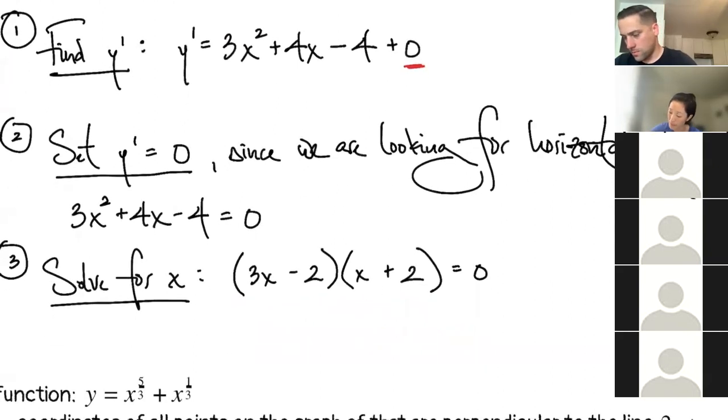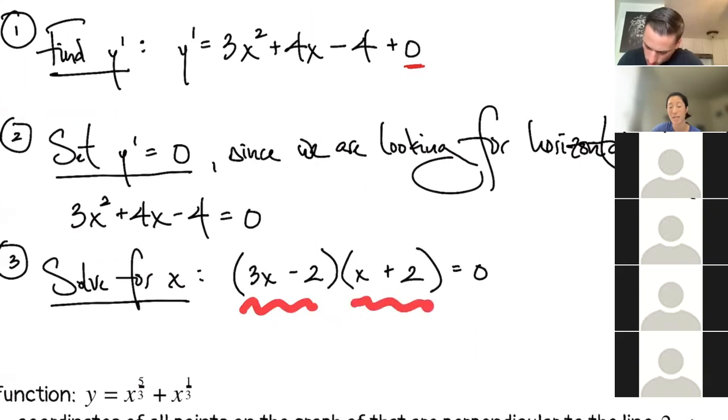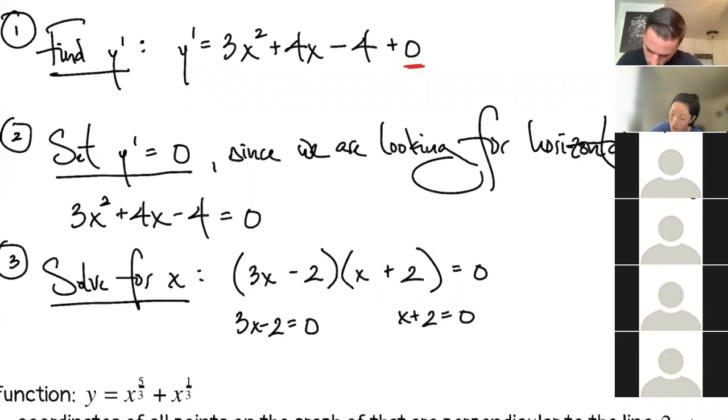The reason is we are looking to find out what the x values are, all right? And quadratic formula just tends to take a lot longer, and it doesn't always help us show this intermediate step about what the factors actually are, okay? But we can set each one equal to 0. We would get 3x minus 2 equals 0, or x plus 2 equals 0.